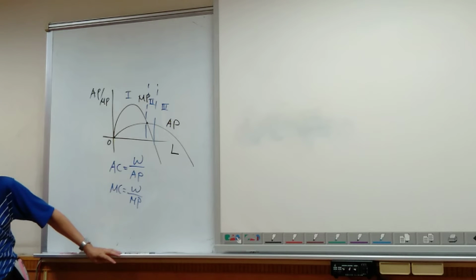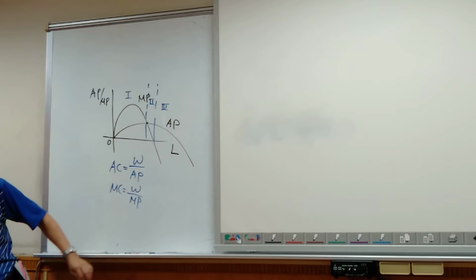So it's wrong, because when MP goes up, actually MC goes down. And the second one, B, AP goes up, AC goes down, right? So both A and B are wrong. And answer C, MP goes up, MC goes down, and if MC goes down, AC goes down. So the answer is C.